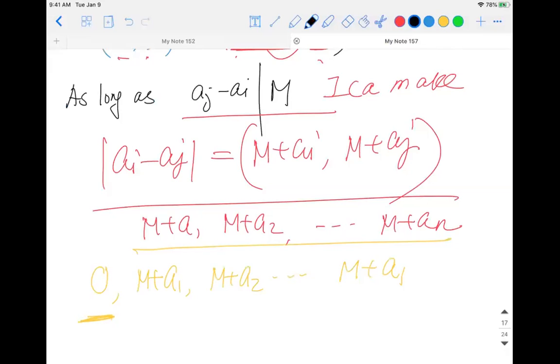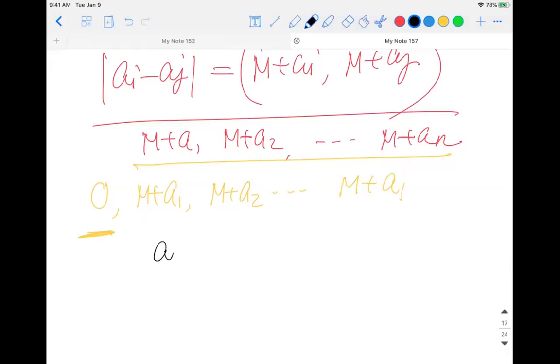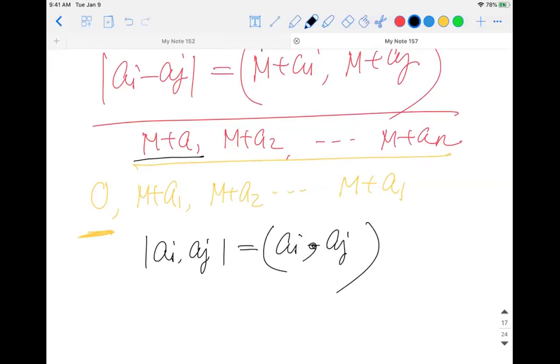What I'm trying to do, AI, AJ, is what I need. It works for m plus a1 all the way to m plus an.